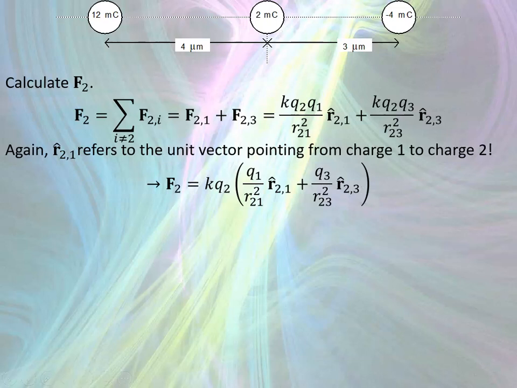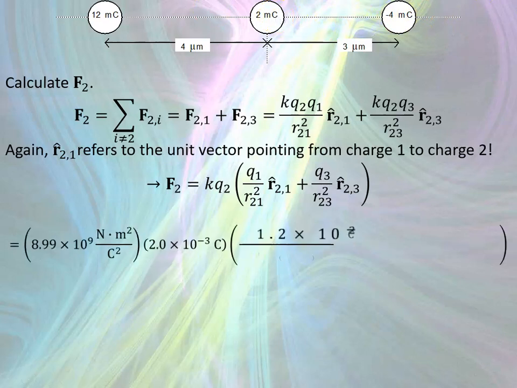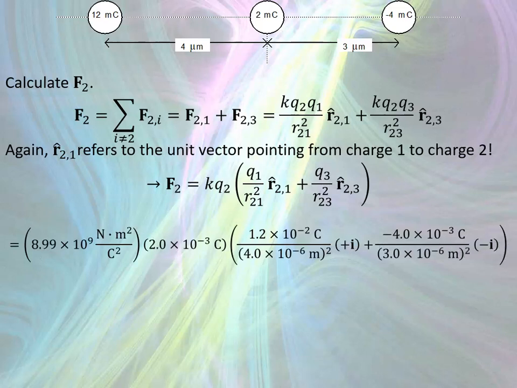Now, we factor out a common term, but what are the unit vectors? Well, the unit vector from charge 1 to charge 2 is called I vector, or x hat is another name for it. The unit vector from charge 3 to charge 2 is negative I vector, or negative x hat.